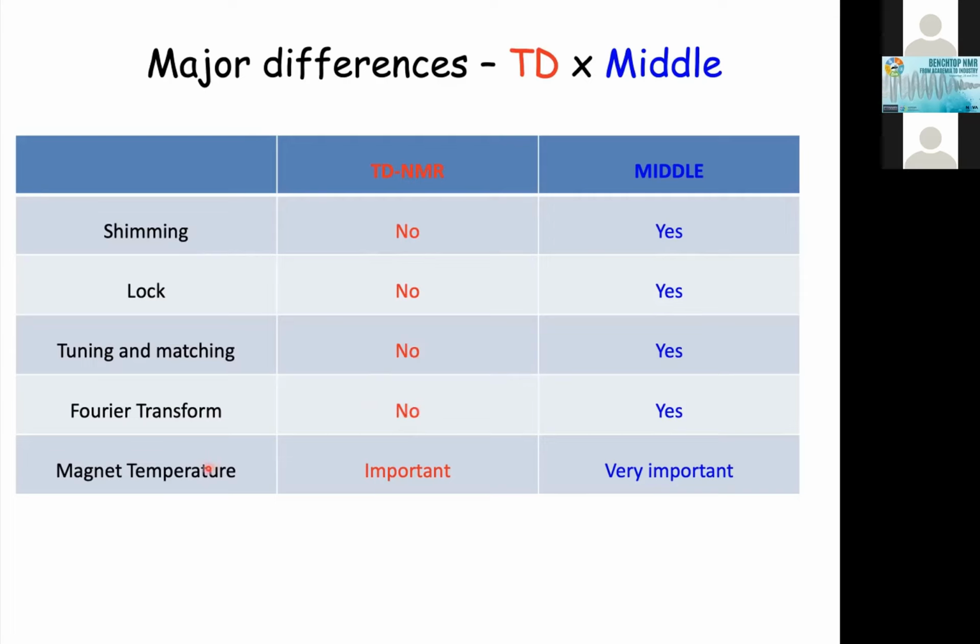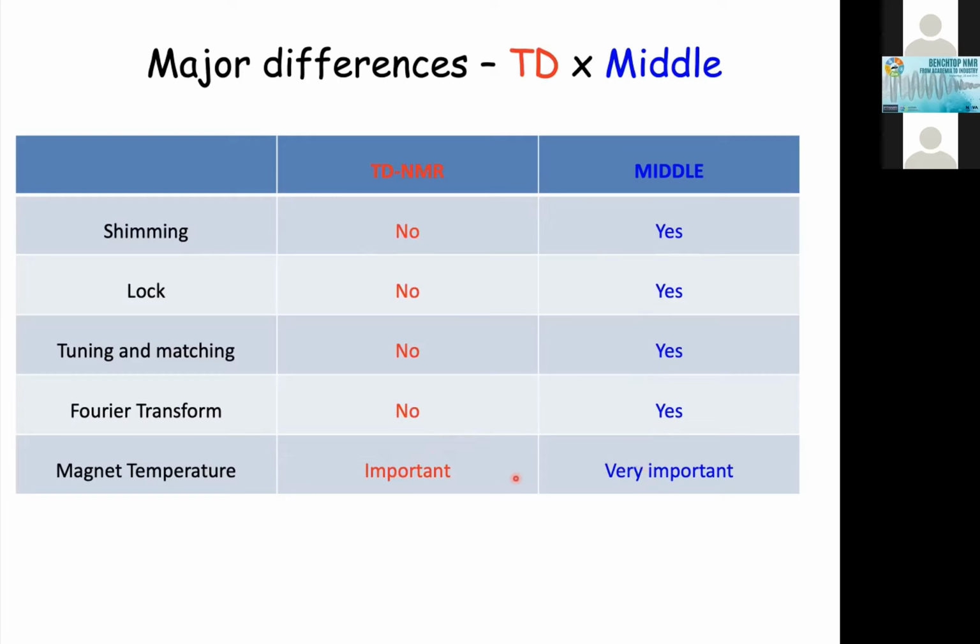And the magnet temperature is quite important in low field, because the magnetic field is very dependent on the temperature. But in medium resolution, as the linewidths are very sharp, it's very important to have a very good lock system to keep the variation in the temperature from causing line broadening in the spectrum.